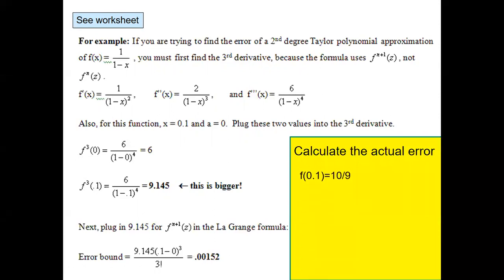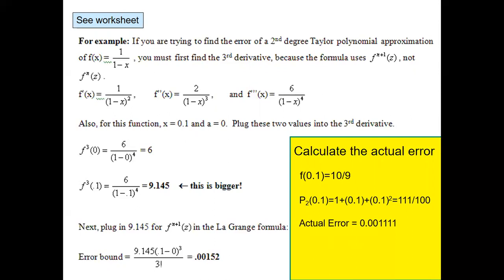All right, so the value of the function, 1 over 1 minus 0.1, so that's just me going back into the function, is 10/9. Putting 0.1 into the polynomial, the second degree Taylor polynomial for this geometric series, 1 plus x plus x squared, I get 111 over 100. So what was the actual error?